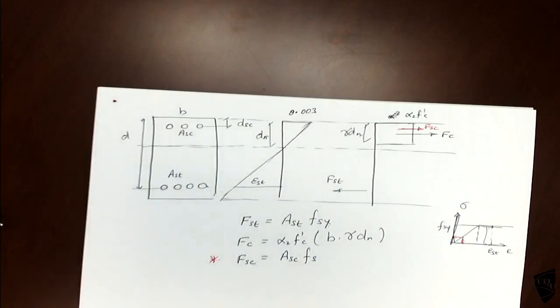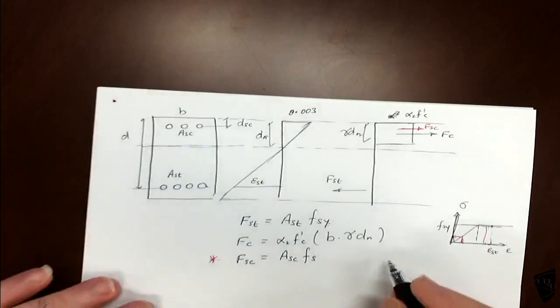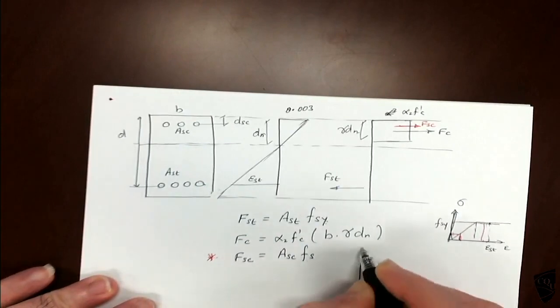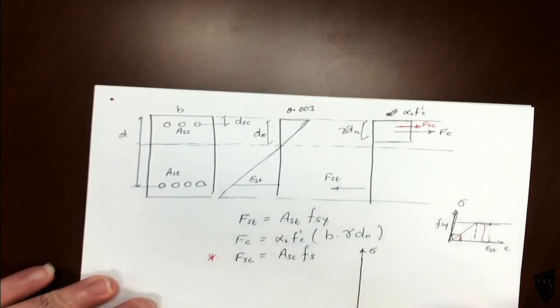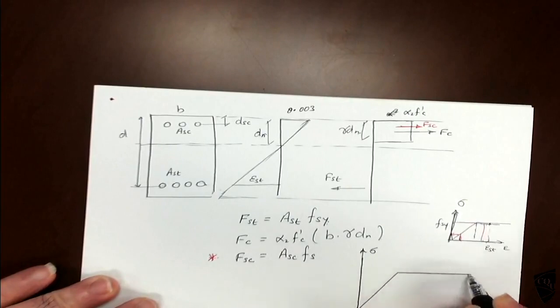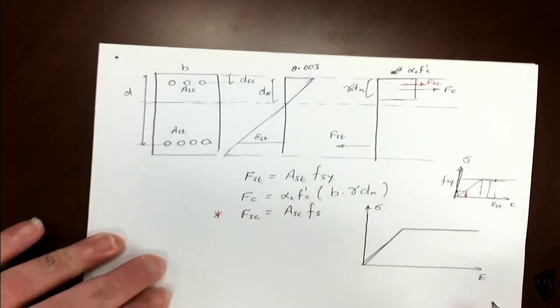Yes, sir, it's clear. So this is the stress strain relationship. I'll put it a little bit larger if you want. So this is the stress strain relationship we use in the concrete design for steel. Okay, so steel material property is assumed like this. That is what yesterday we discussed.